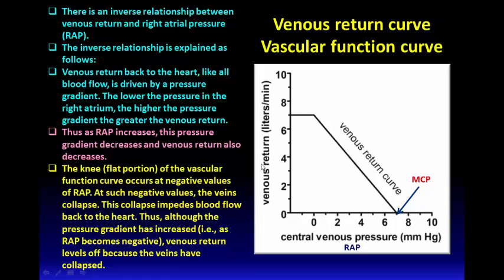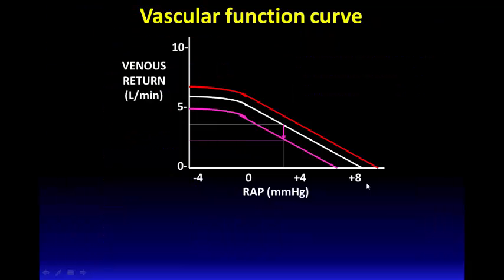Thus, although the pressure gradient has increased as the right atrial pressure becomes negative, venous return levels off because the veins have collapsed.